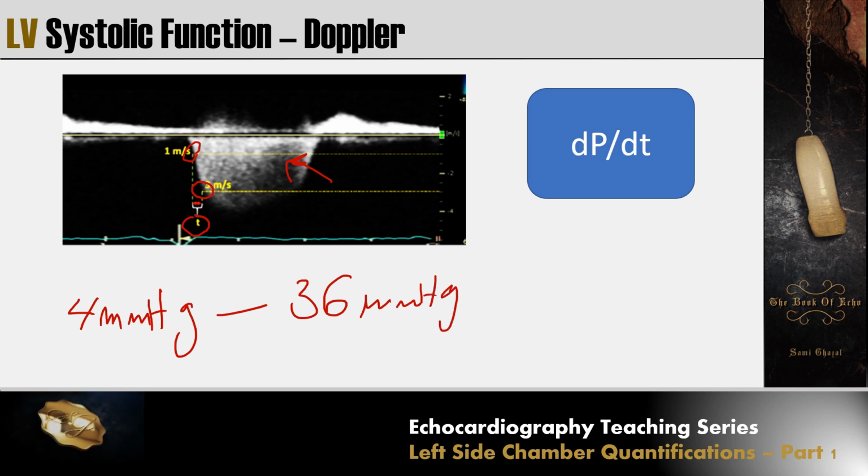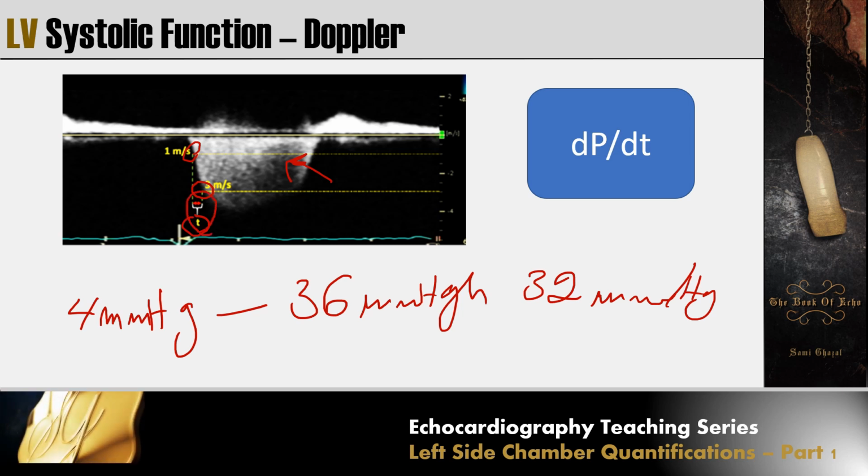So we need to know the time it requires to increase the pressure from 4 to 36. So dP is 36 minus 4, which is 32 millimeter mercury. We just divide it by the time, this T, and then we get the dP/dt, or the rate of increase of the pressure in every second.